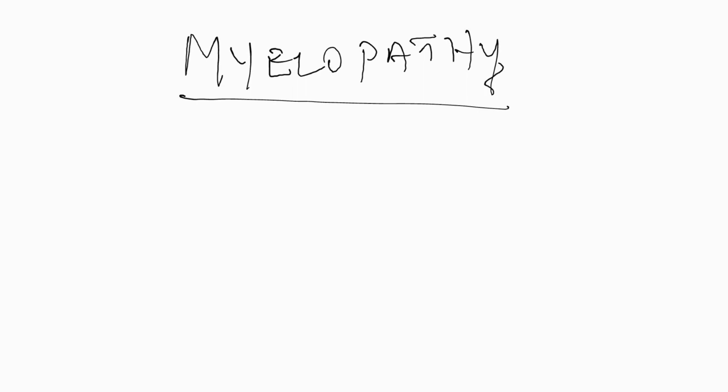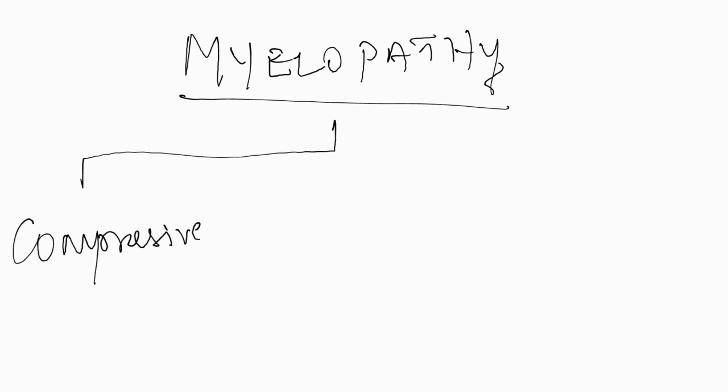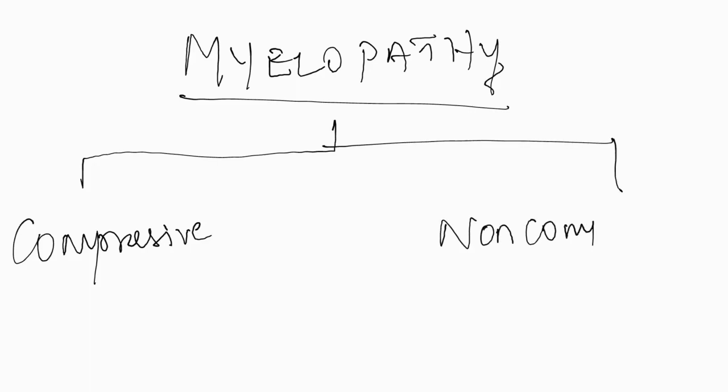Always know certain things about myelopathy. This myelopathy can be divided into two types. The first type is your compressive myelopathy, and the next type is a non-compressive myelopathy.